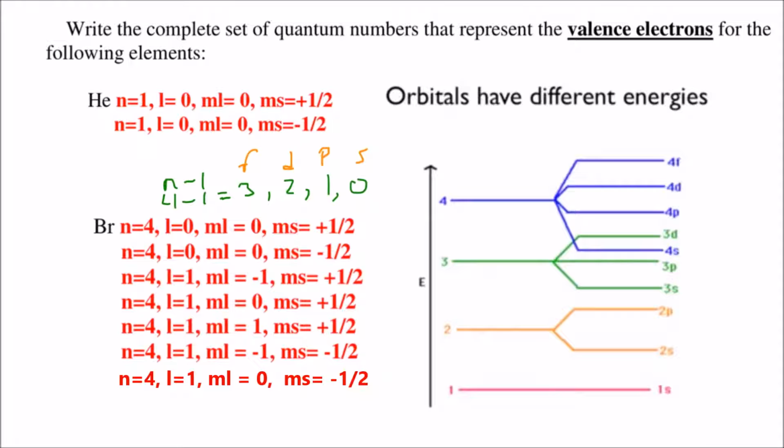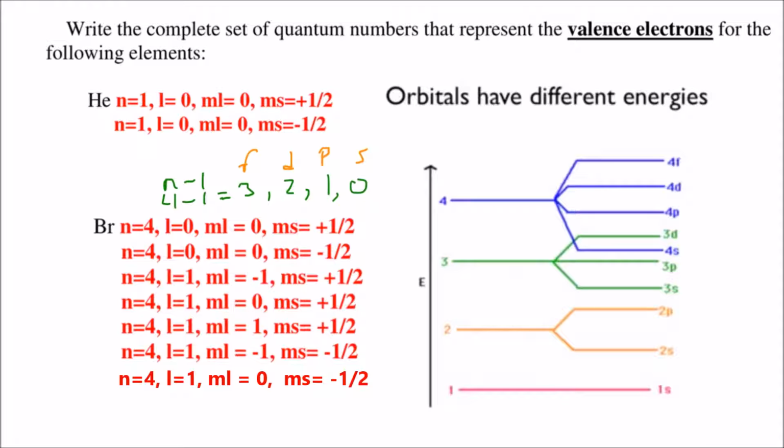Here we said we're in the fourth energy level, so that's right here, and that energy level is going to split, and we're going to have a 4s, 4p, 4d, and 4f, and this is all according to its energy. So 4s is lower energy than p, and so on.